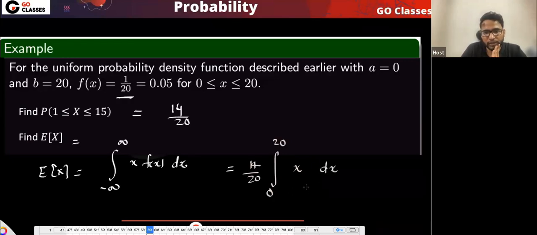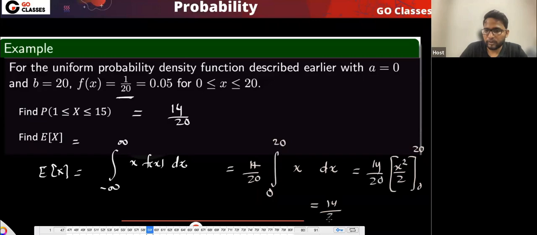If you calculate, it is x square by 2, so 14 by 20 into x square by 2 from 0 to 20. So it will be 14 by 20 into 20 square by 2, which comes out to 140.